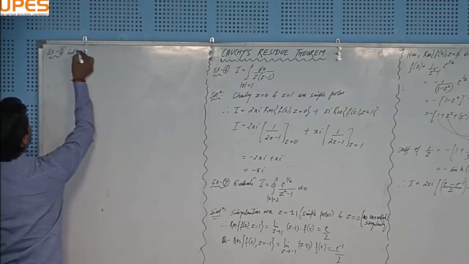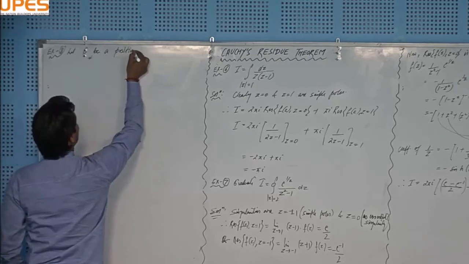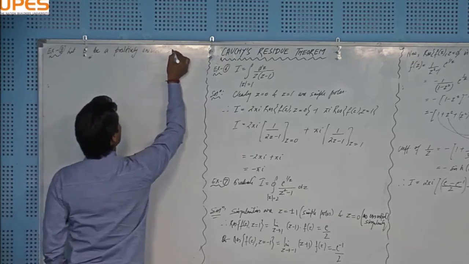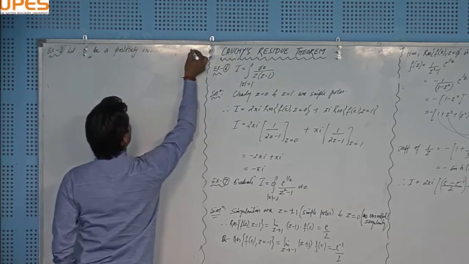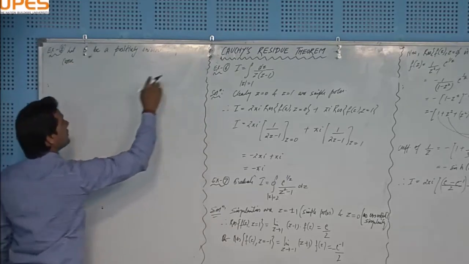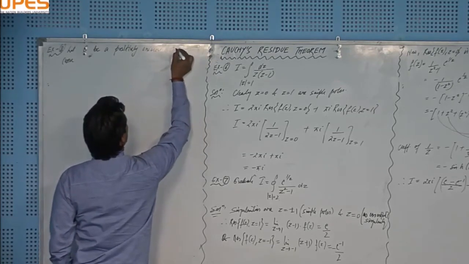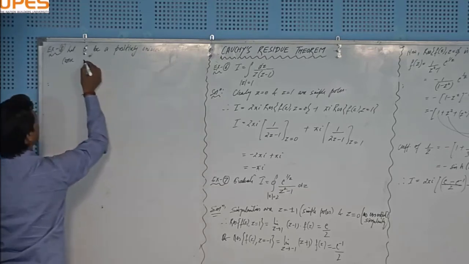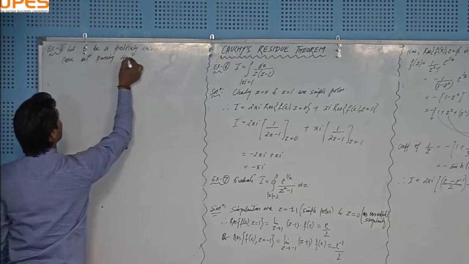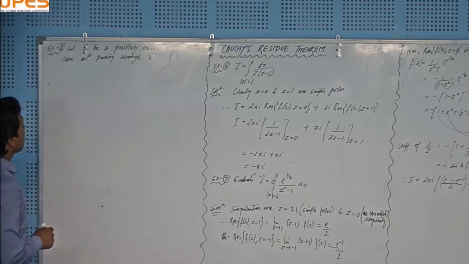Example number 8. Let C be a positively oriented closed curve, not passing through eta, right?